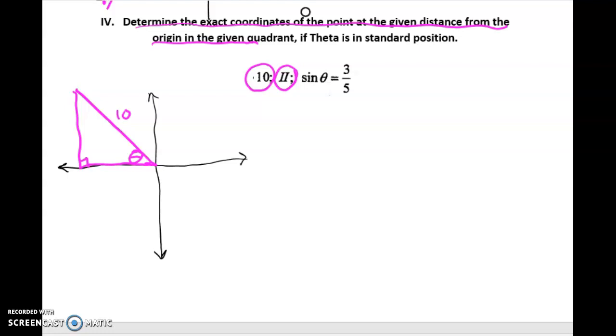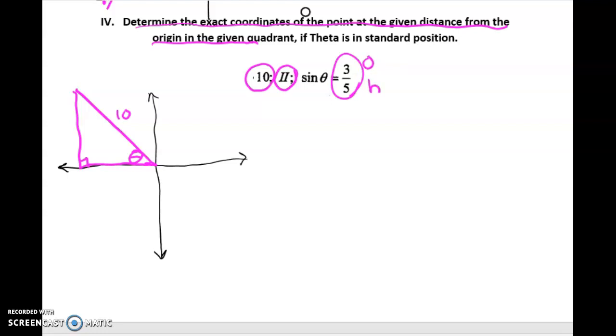So sine, 3/5 could be a reduced fraction. Like it could have originally been something else and reduced to 3/5. So sine is opposite leg over hypotenuse.